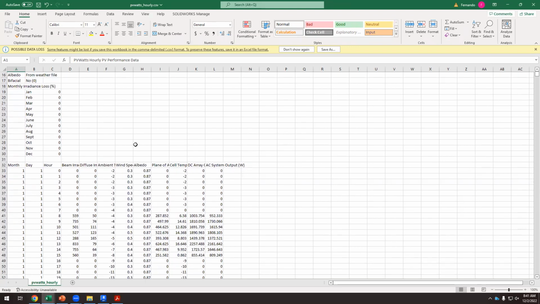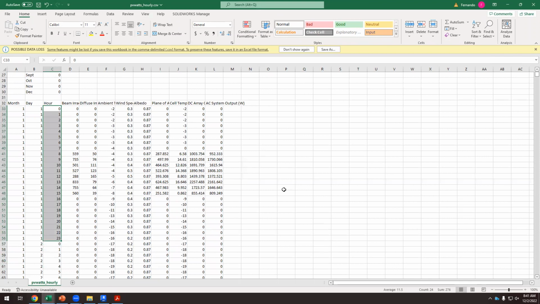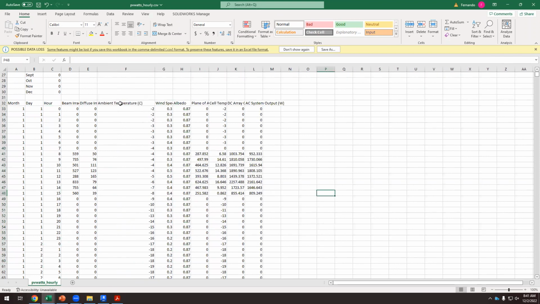Okay, and what we have here, we have the month, the day, and the hour from 0 to 23. And here in one of these columns, we have the temperature in Celsius.